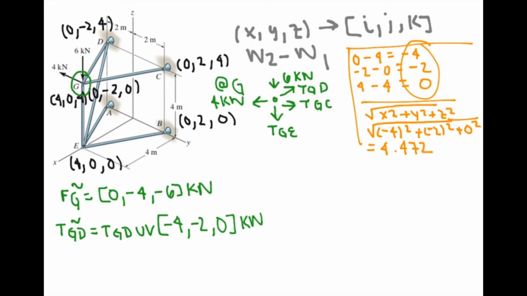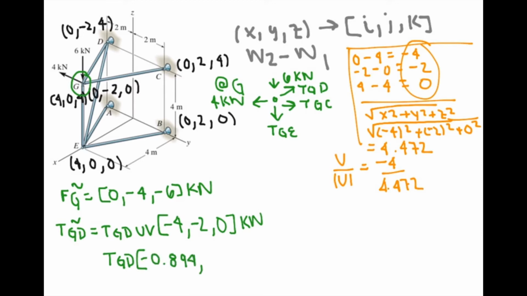So essentially it's going to be u over the absolute value of u. So our u is going to be minus 4 over 4.472, and that equals, we'll go back over here, TGD negative 0.894.